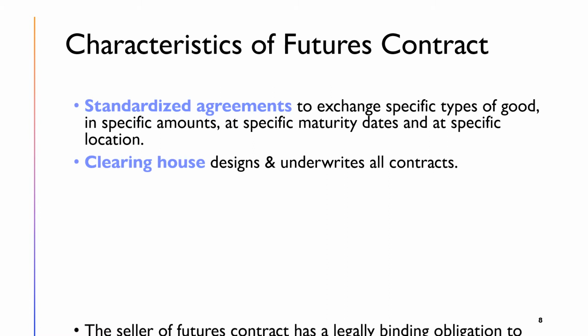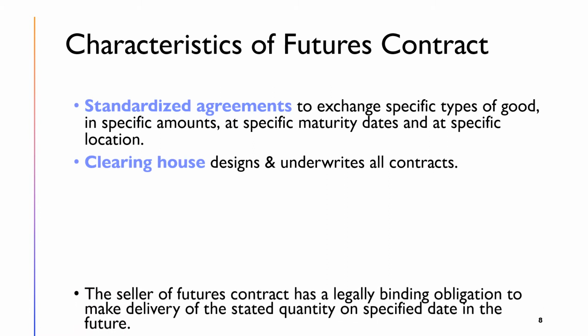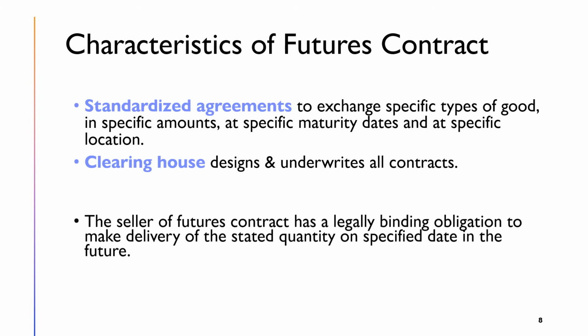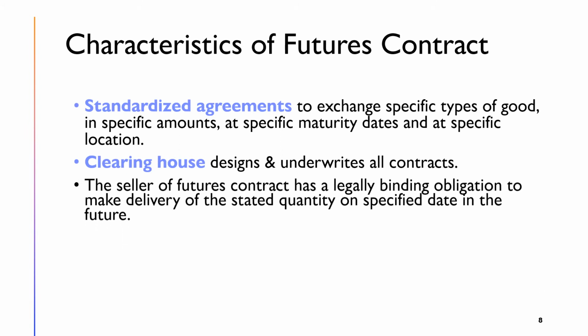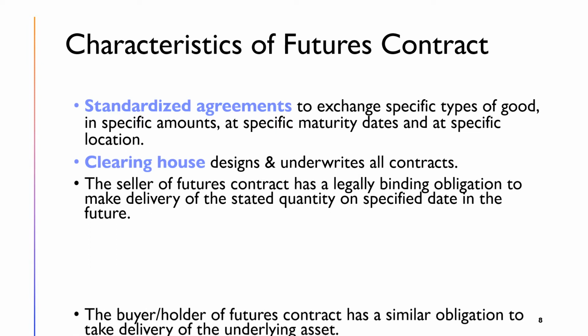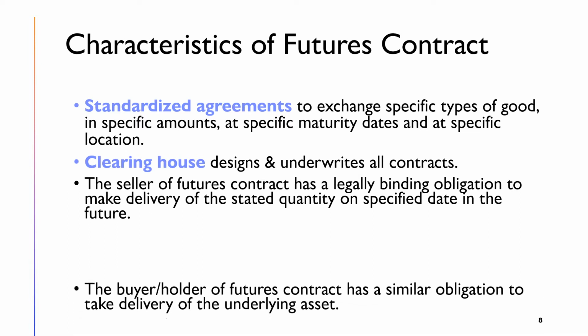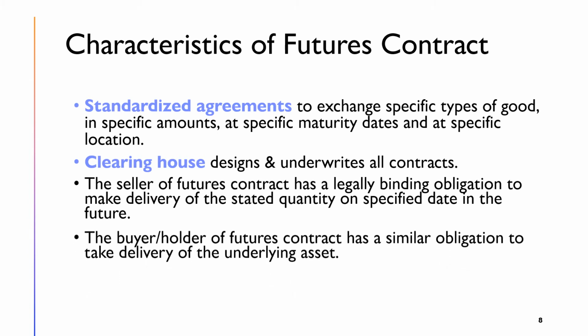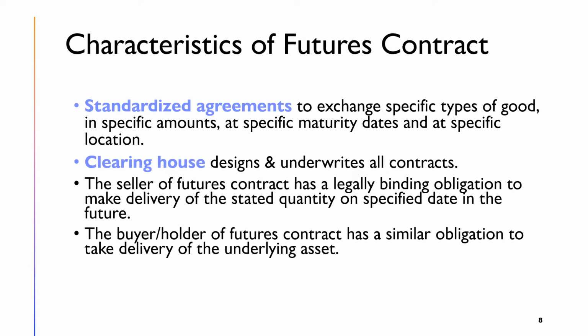The seller of futures contracts has a legally binding obligation to make delivery of the stated quantity on specified dates in the future. On the other hand, the buyer or holder of futures contracts has a similar obligation to take delivery of the underlying assets.